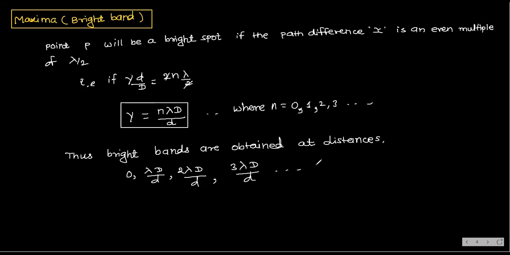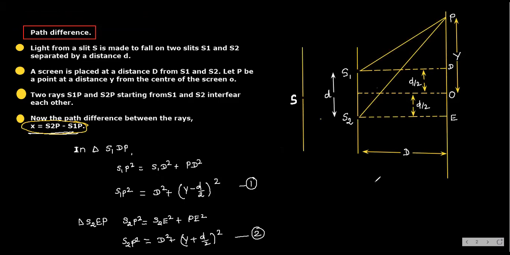From the center O of the screen, right? Can you see the diagram? Here it is. From this point, from center O to whatever bright spot or dark spot you are getting, that is what we can calculate.